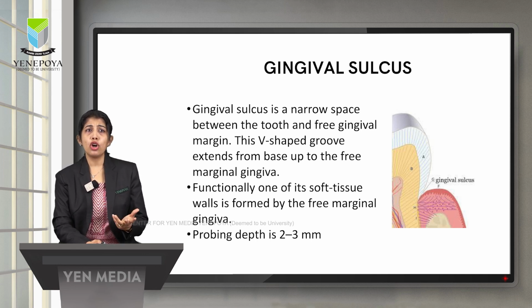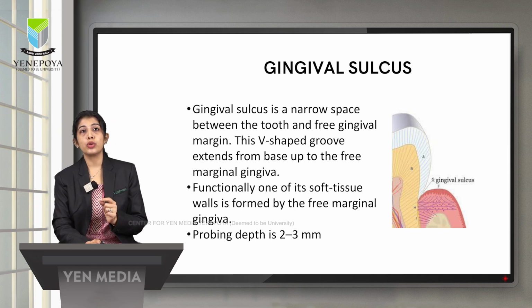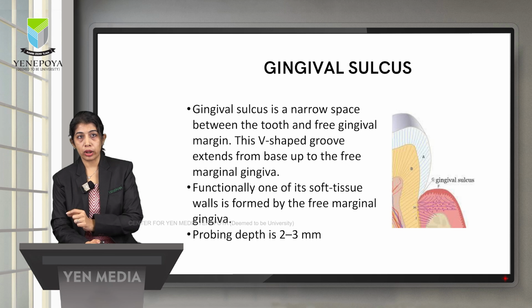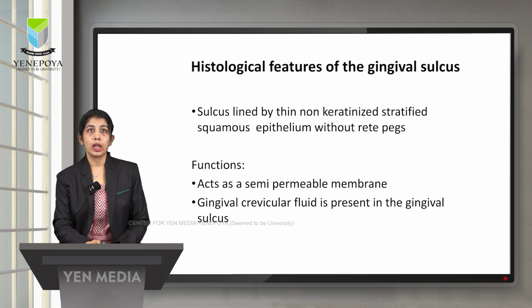So for all practical purposes, the probing depth that we consider to be normal is 2 to 3 millimeters, beyond which the gingival sulcus is known as a periodontal pocket. Until the clinical probing depth is below 3 millimeters, the gingival sulcus is of normal depth.